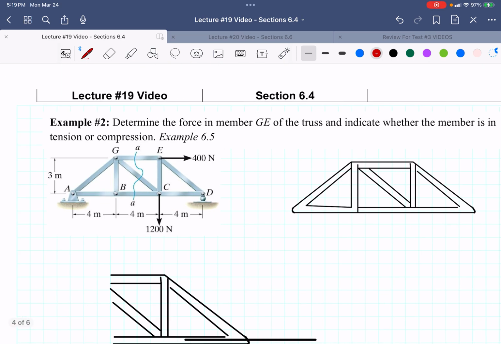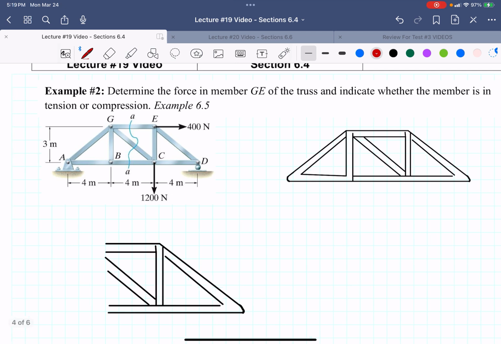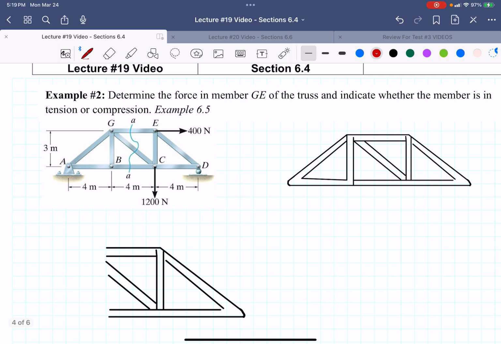All right, let's do another example. So example number 2, I've got this beautiful truss here, and you can see I've already drawn my free body diagrams just to save some time. So I'm going to determine the force in member GE. So all it's asking me for right now is this member right here.